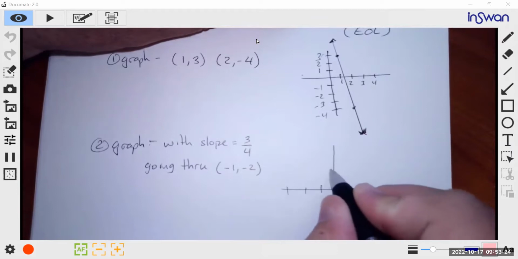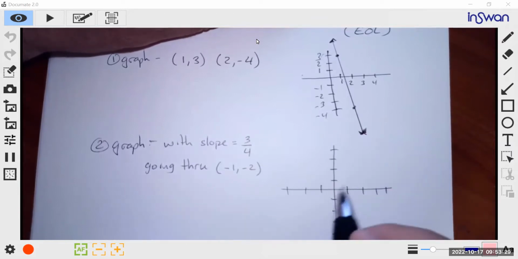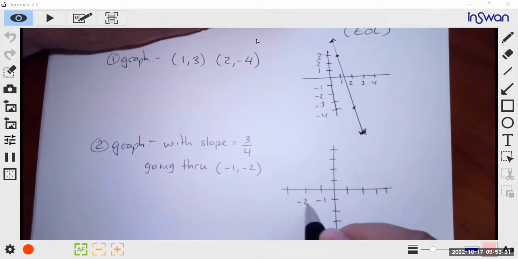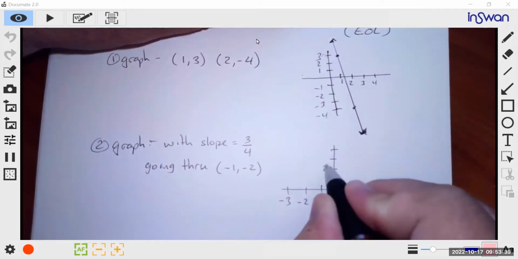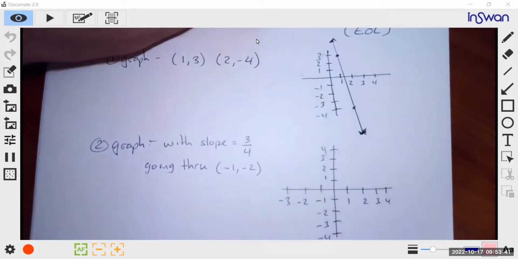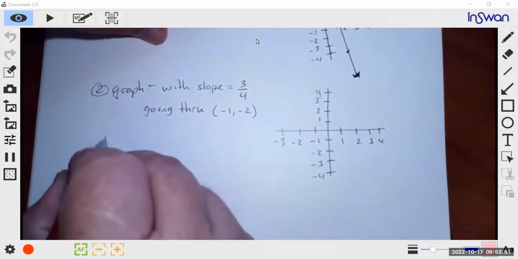So make our chart, our graph. So if I give you a point and a slope, the first thing you have to do is plot the point.